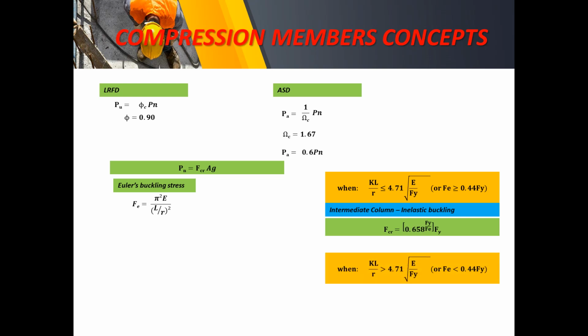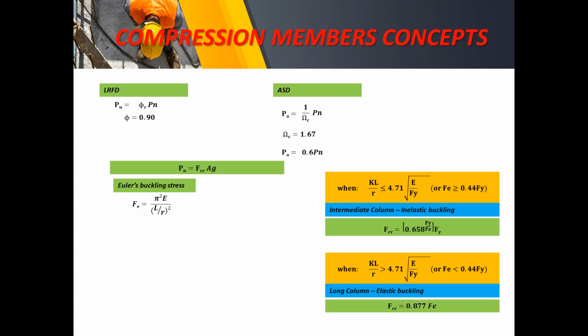On the other hand, if the slenderness ratio is greater than 4.71 square root of E over Fy, it is classified as a long column, and the mode of failure will be elastic buckling, wherein the Fcr to be used will be equal to 0.877 of the Euler's buckling stress.